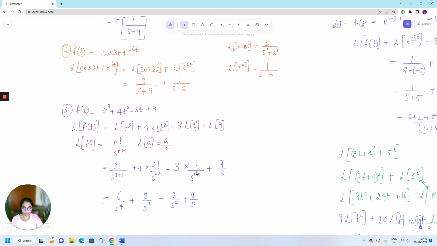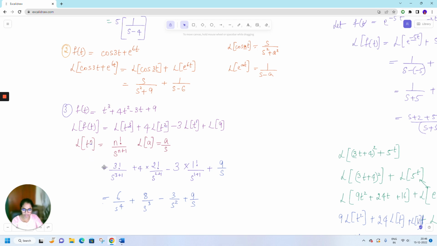In the third problem, I had f of t is equal to t cube plus 4t square minus 3t plus 9. I can give Laplace to each term, because I have plus, minus, plus in the middle. Here I have Laplace of t cube, the first one. What is the formula that we use here?